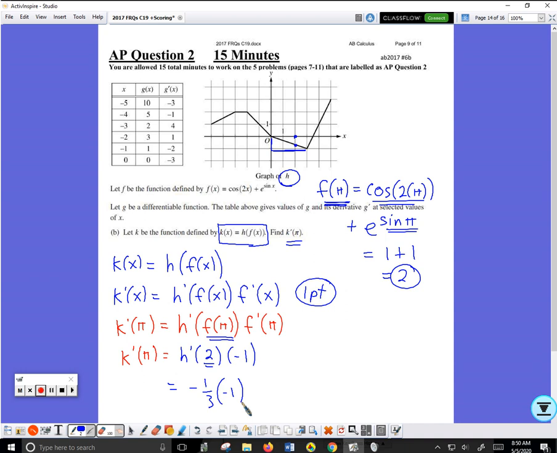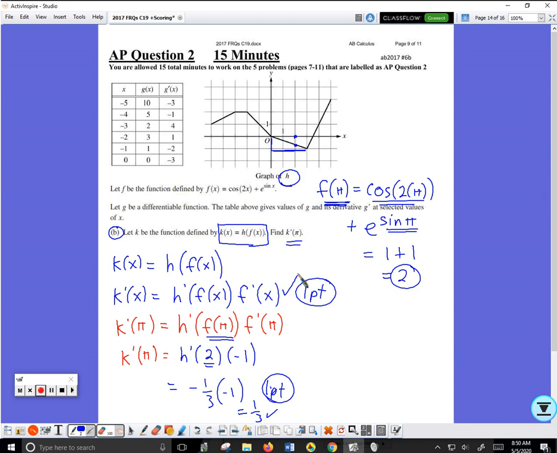If you stop there, you get one more point. If you kept going and wrote +1/3, you'd still get the point, of course. So 2 points total on this part B. Just reiterating, 1 point just for getting to here.